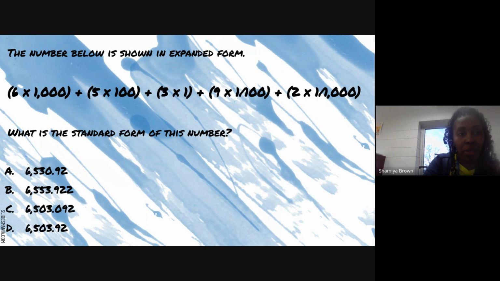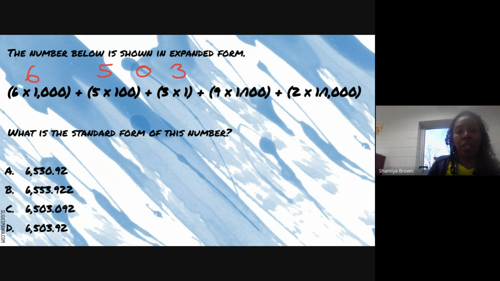I know that's going to be a 6 in this place. Then I have 5 times 100. That's going to be a 5 in this place. Then I don't have anything for my tens, as you can see, because it skips from hundreds to ones right here. So I know that's going to be a 0 representing the tens place. And then I have a 3 that should be in the ones place.